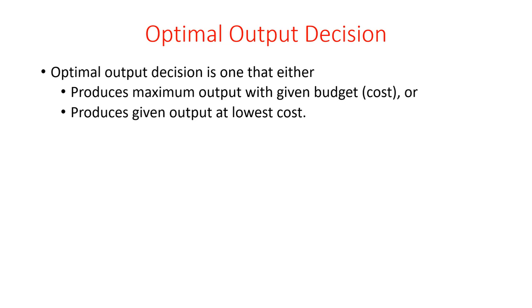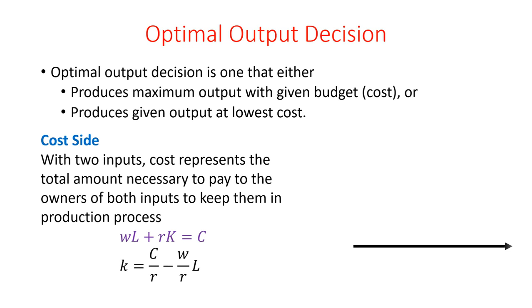Here, with two inputs, the cost represents the total amount necessary to pay to the owners of both inputs to keep them engaged in the production process. That is, the cost represents the total wages paid to the workers and total interest paid to the capital.